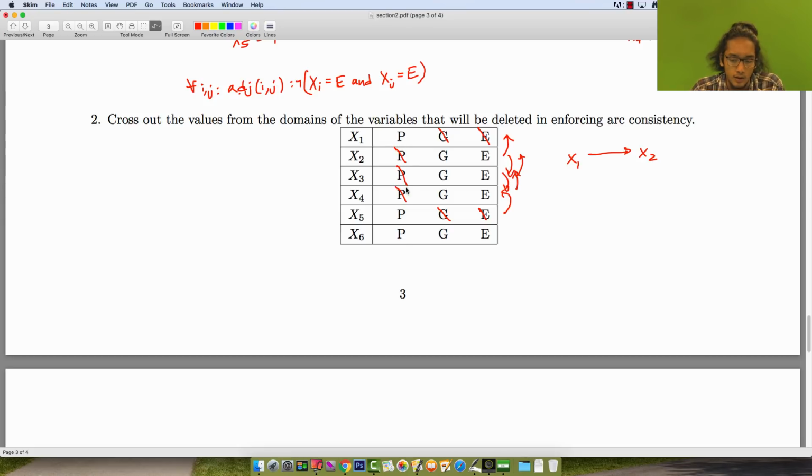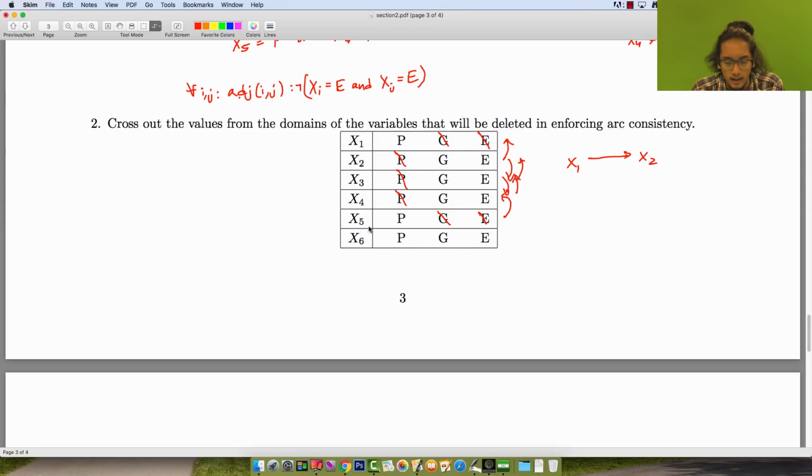The idea is if looking at these variables, for example, if you assign, say, x6 some value to begin with, right? You may have to backtrack all the way back to this step and then realize that, oh, I shouldn't have assigned this p over here. I should instead have assigned g, right? So when you backtrack, you're backtracking a long way up the search tree.